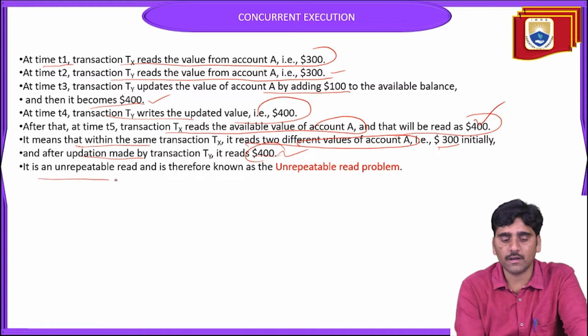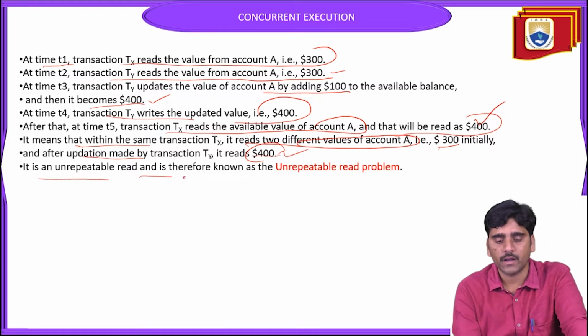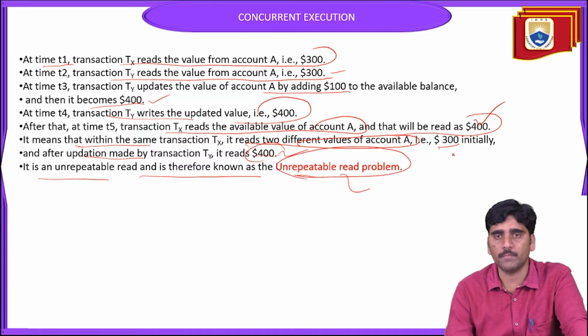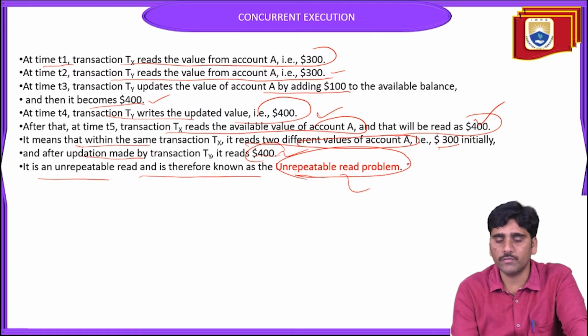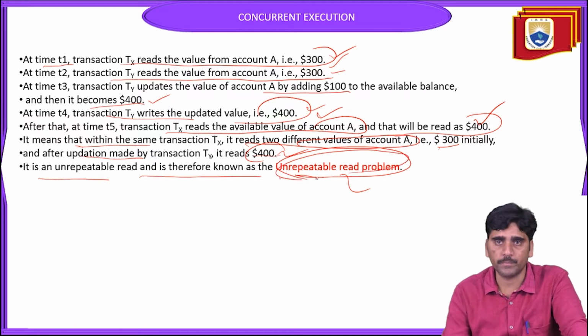So it is an unrepeatable read and is therefore known as the unrepeatable read problem. Either you have to show the transaction result as 400, or if it is not updated, then show the result as 300. But it is showing both 300 as well as 400. That is nothing but the unrepeatable read problem.